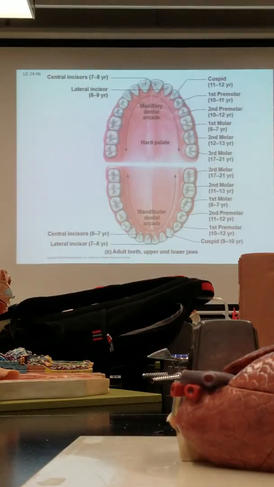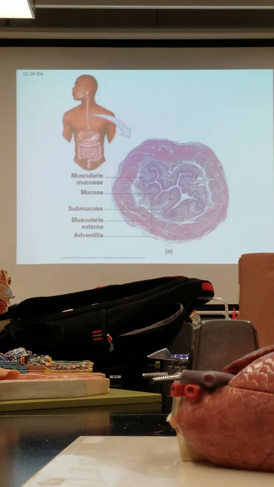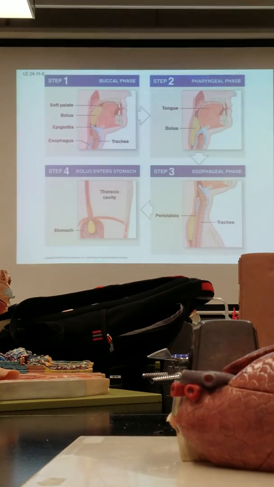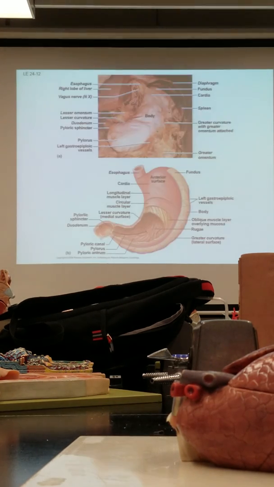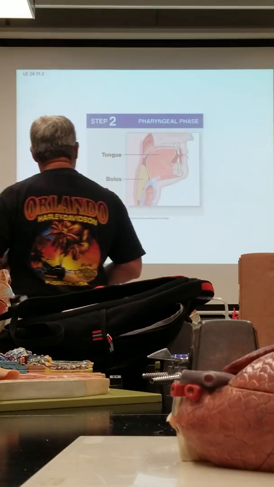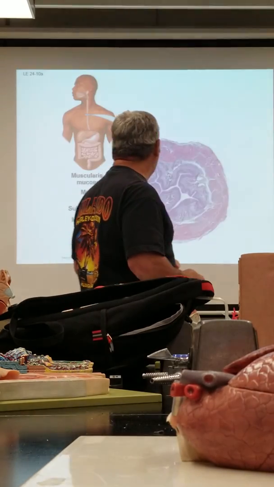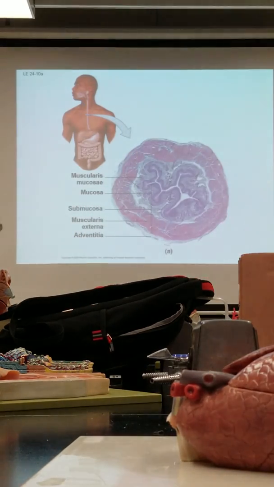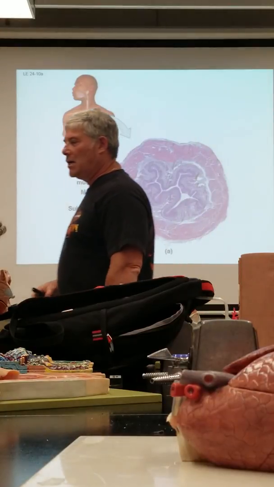Okay, so guys, that's it with the teeth. Now, first thing we're going to look at is a long muscular tube called the esophagus. The esophagus runs posterior to your trachea.